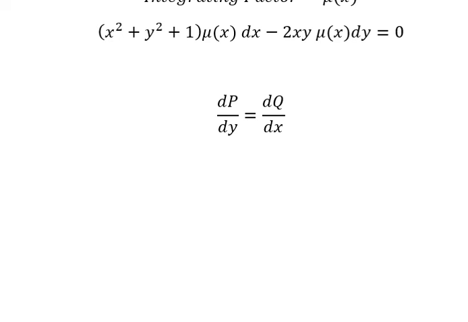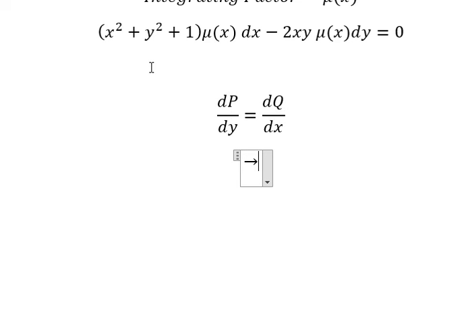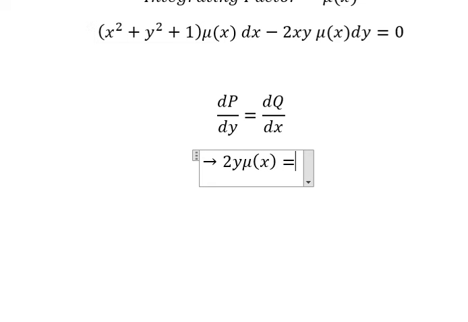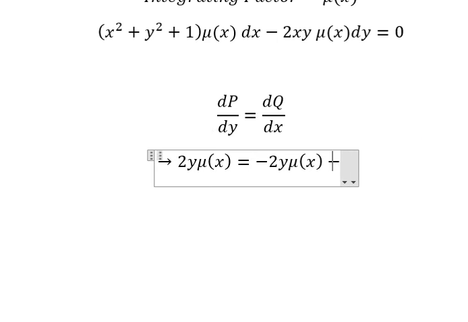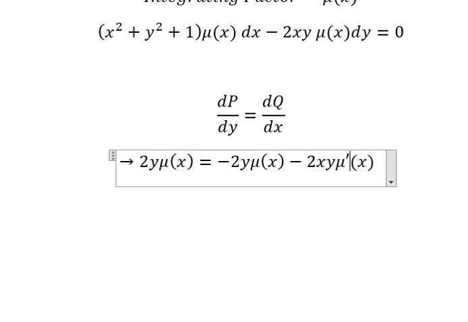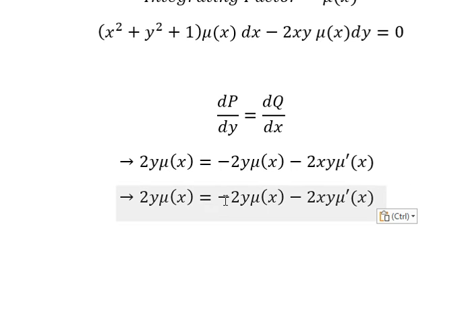And now we need to do first derivative. And you will have 2y mu s. This one we will have negative 2y mu s and negative 2xy, and first derivative of mu s. Now we need to simplify. So I will put this one to the left.